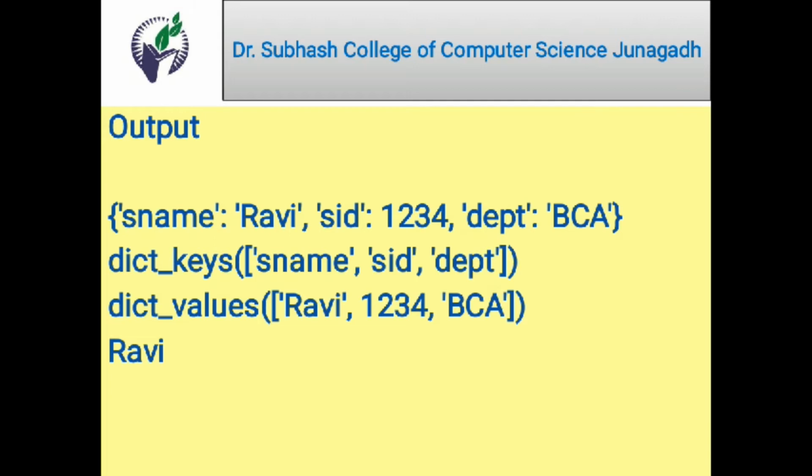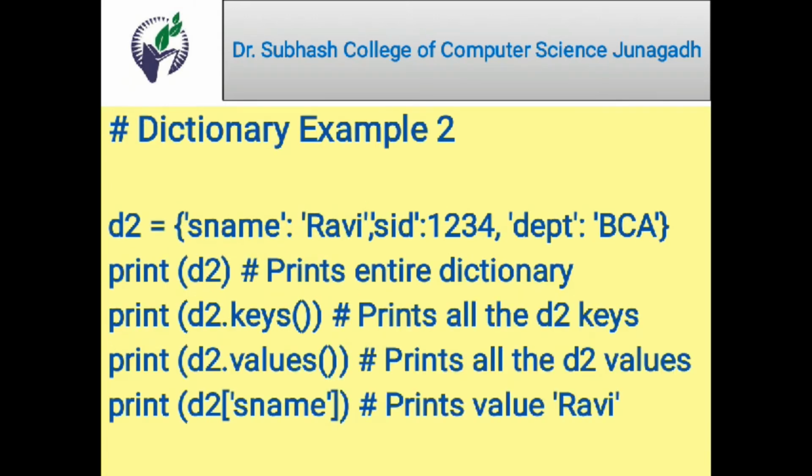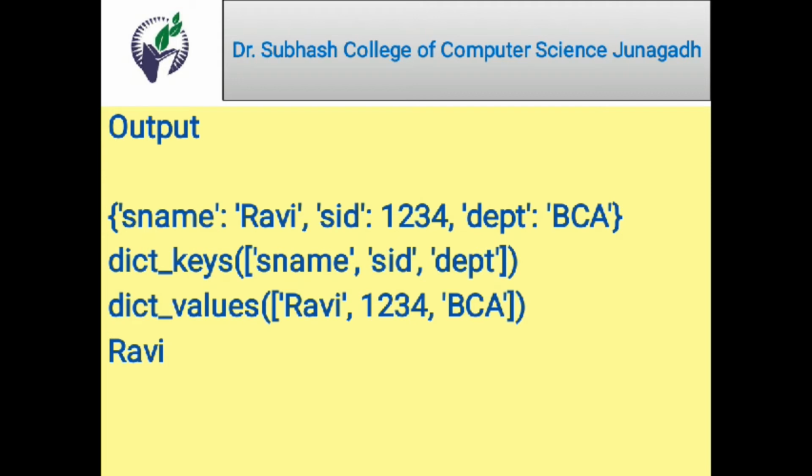So values are Ravi, 1234, BCA. In the last one we have given, that is D2 as name. Here D2 as name. So value associated with student name here, Ravi is associated with student name. So output will be Ravi as expected.